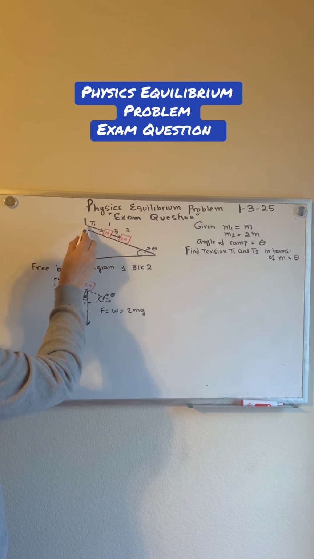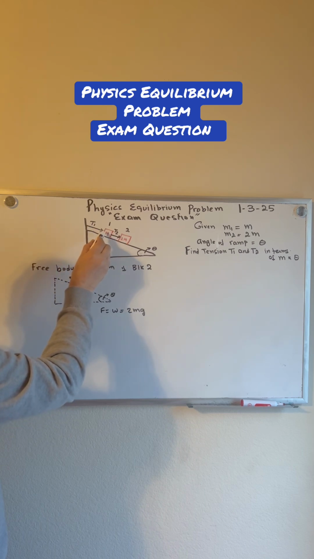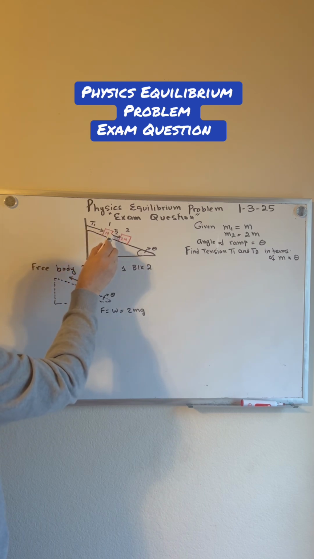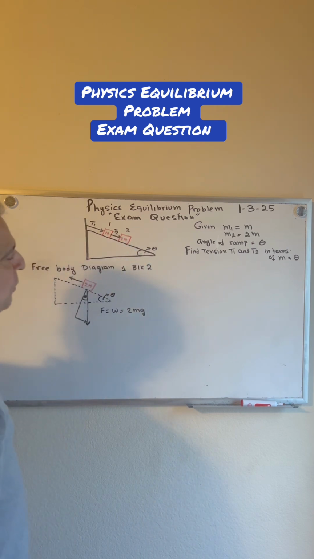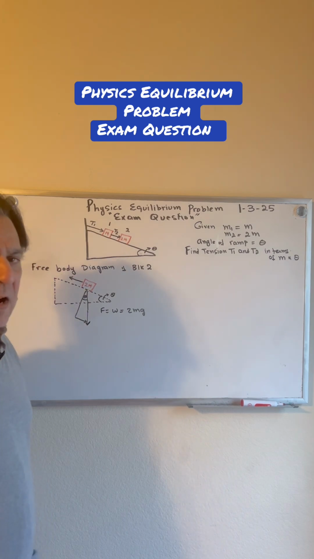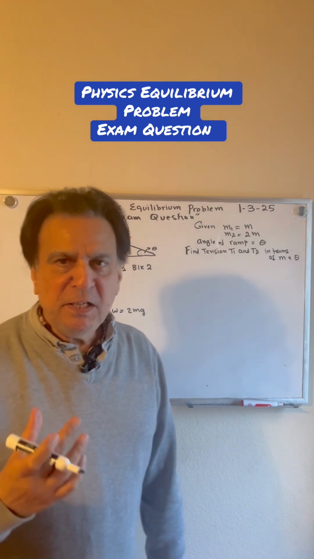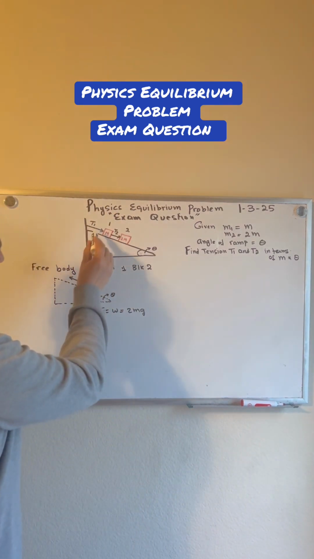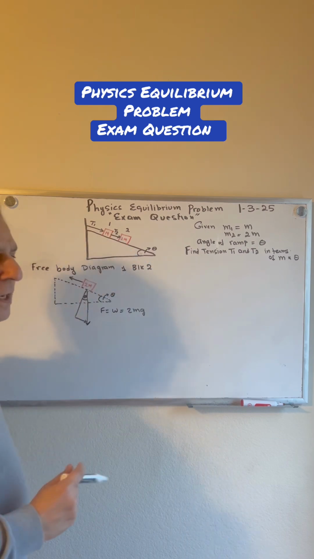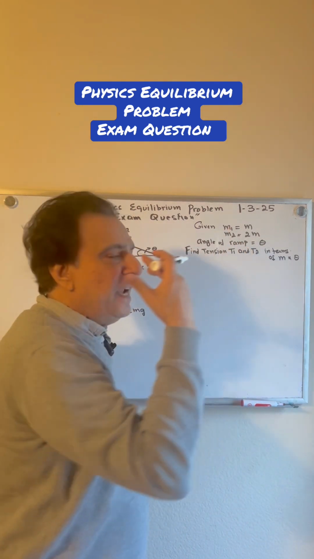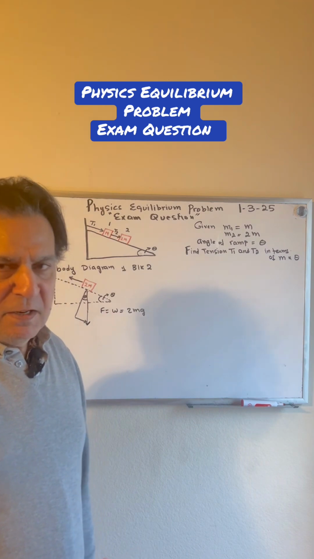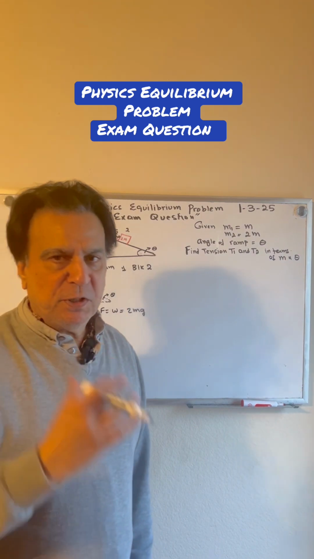And then we've got a rope which is pulling this m, and another rope which is pulling the body with 2m. What we are asked is to find the tension T1 and tension T2 in terms of mass and theta. Okay, so that is what we're going to do.